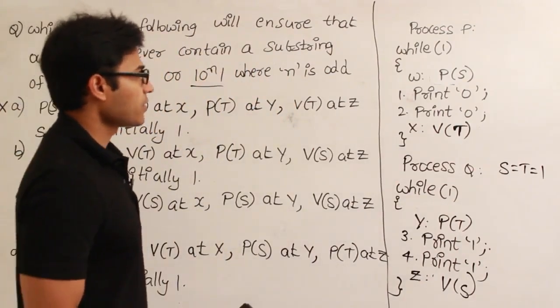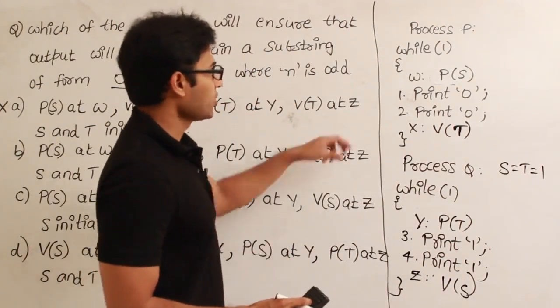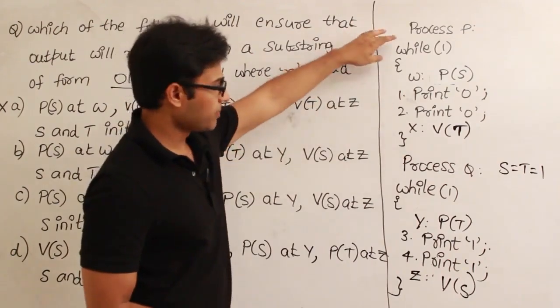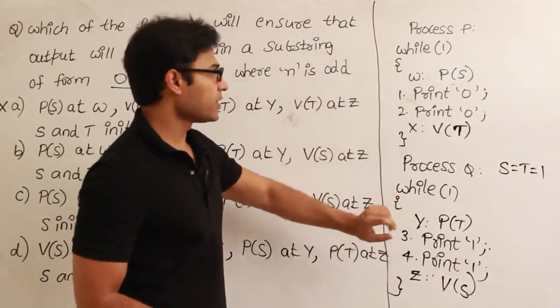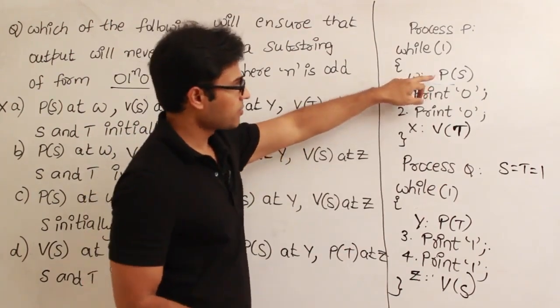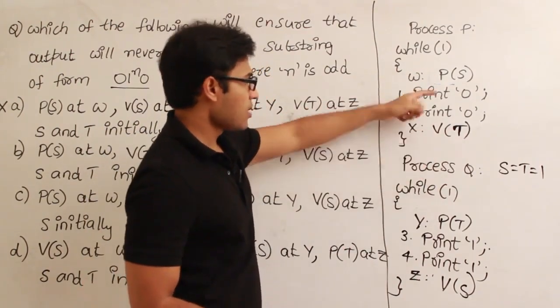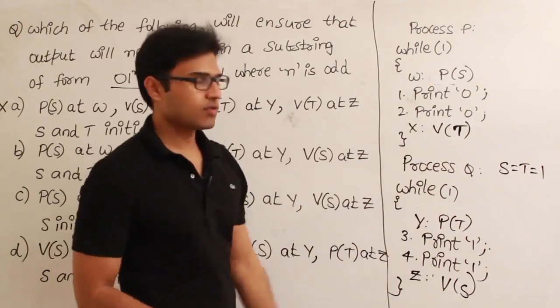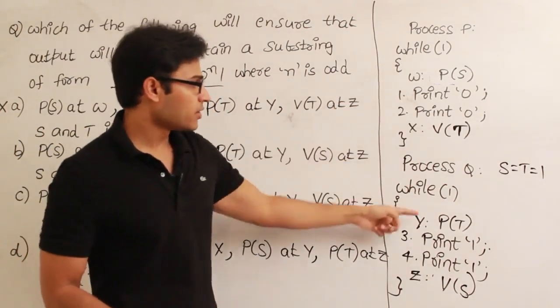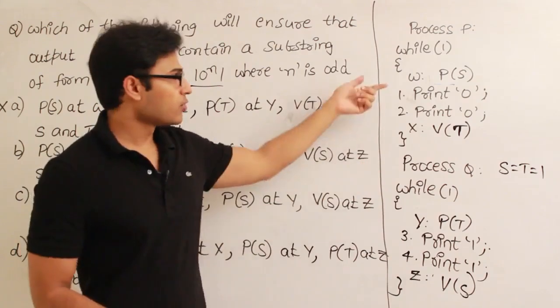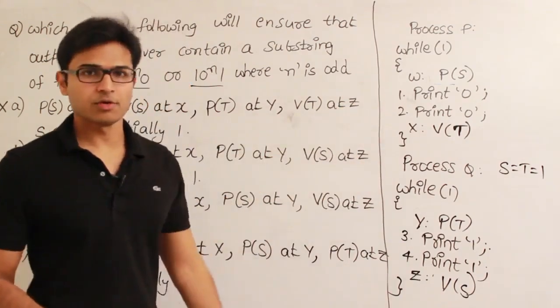In this case both processes P and Q can enter the printing loop simultaneously, because they are performing down on different semaphores, and both semaphores have initial values of 1. Any down here or here will be successful, so both processes can enter the printing loop simultaneously.